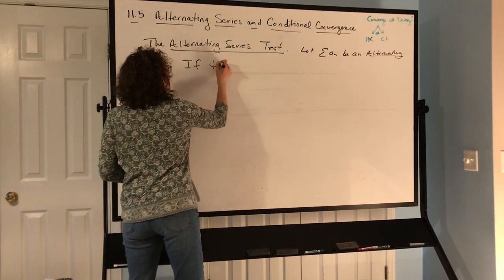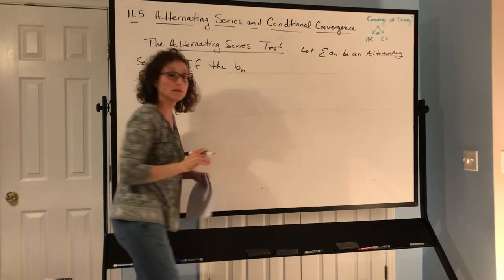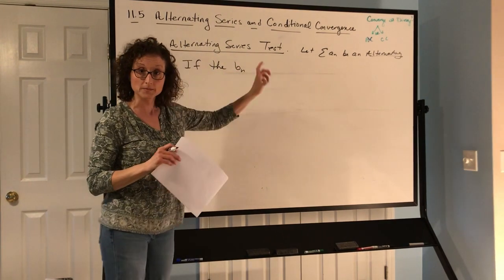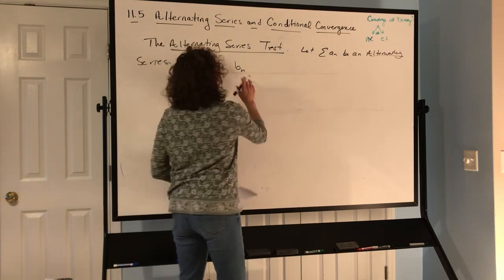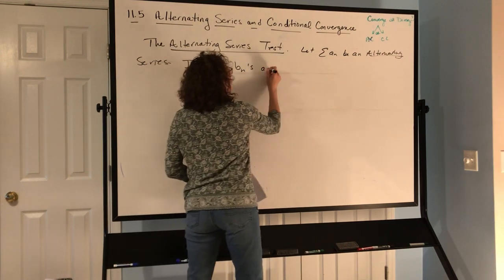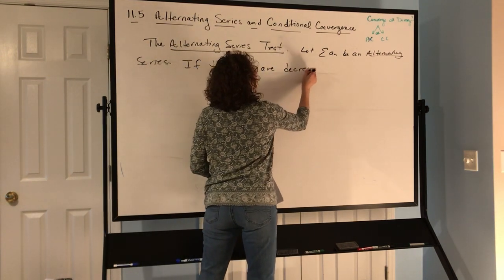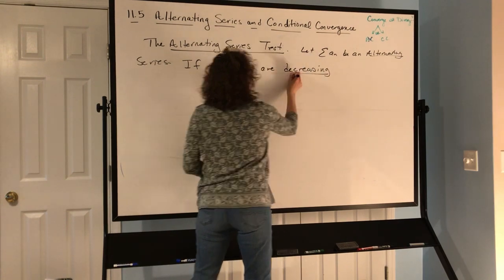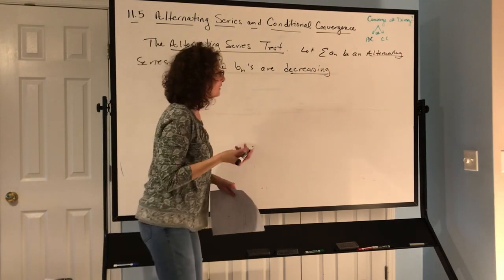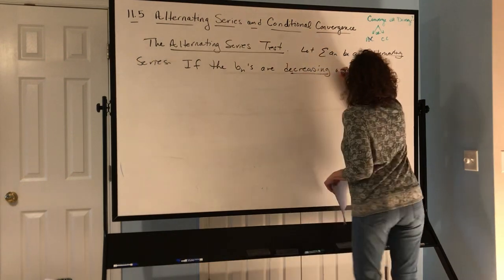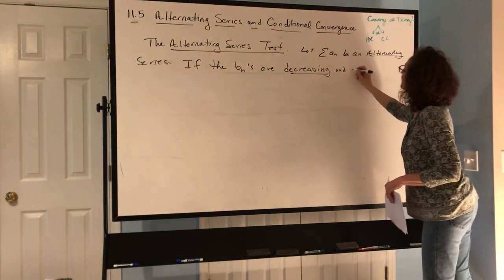basically it says, if the b sub n's, those are the positive piece, ignoring the plus and minus, if the b sub n's are decreasing, and this is kind of like, duh, okay?